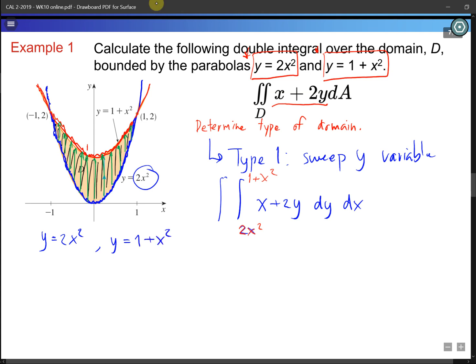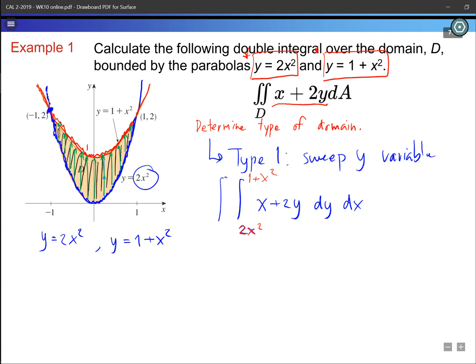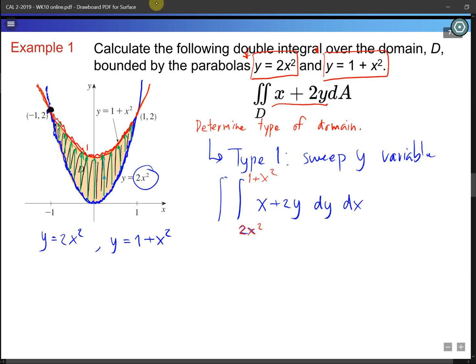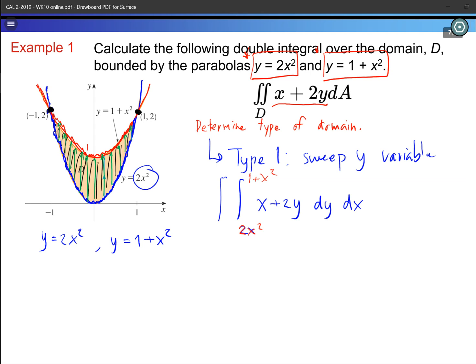We want to find this intersection right here on the graph.